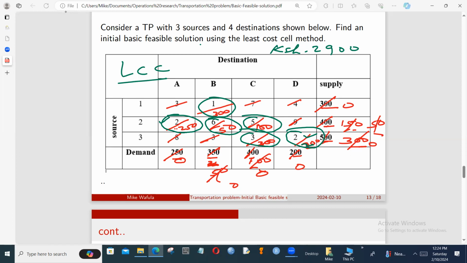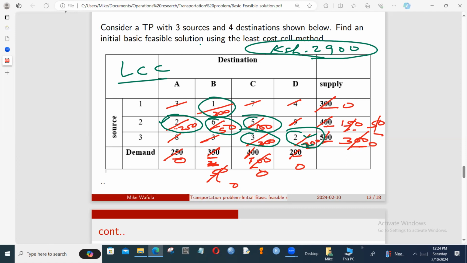There is a likelihood that they may end up with a different total value of the initial basic feasible solution. And so that one doesn't have to worry you as long as the procedure is okay.